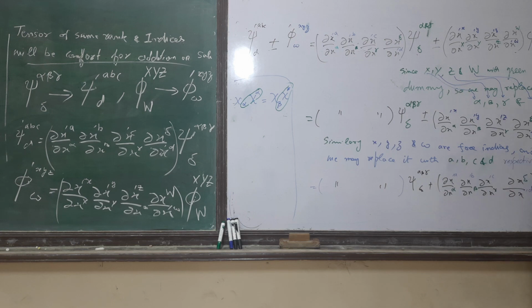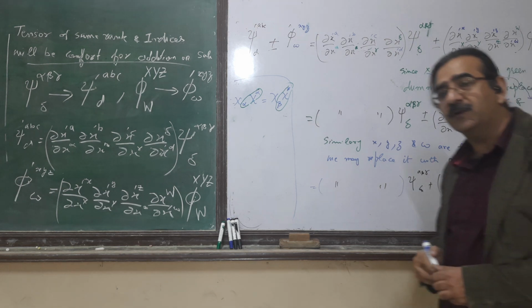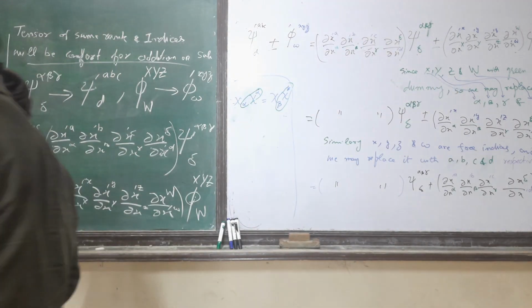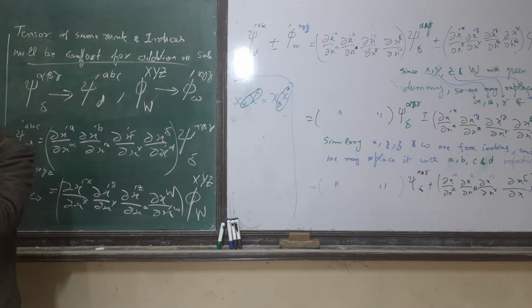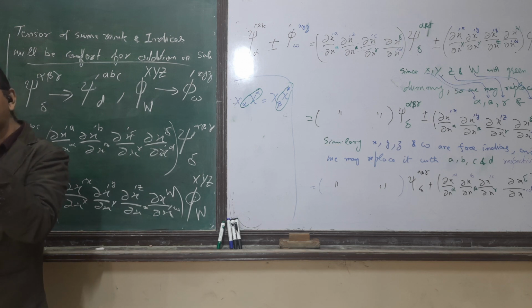they must be applied on the resultant as well as in each term, and that is very important. The dummy indices will be applied only in the sum, but free indices must be applied on both sides.